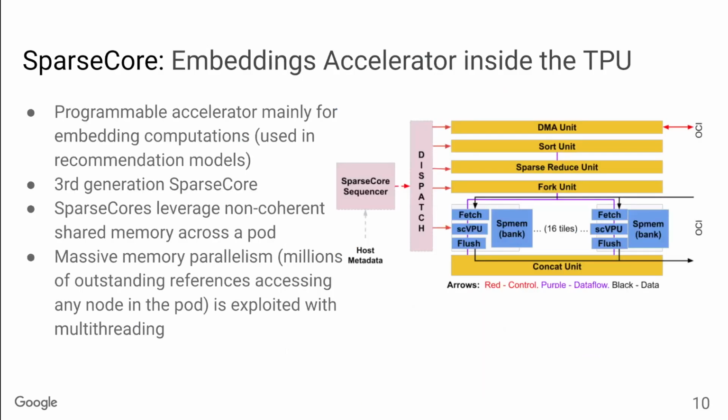As in now. So the Sparse Core is a special processor inside of the TPU, which is there to process embeddings. Embeddings, you can look at as a sparse matrix multiply, or you can think of it as a lookup table for data.